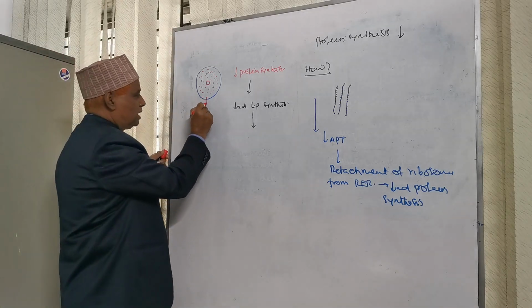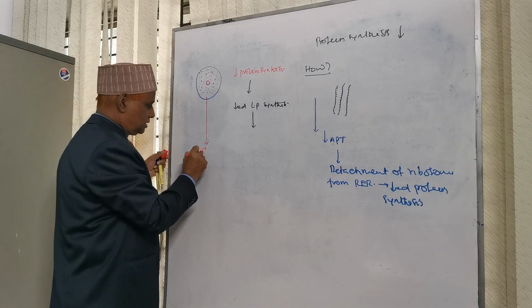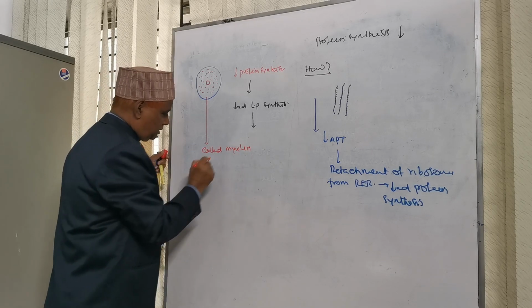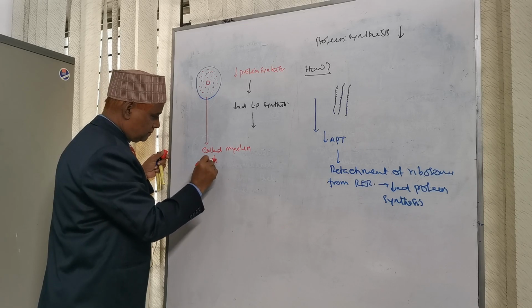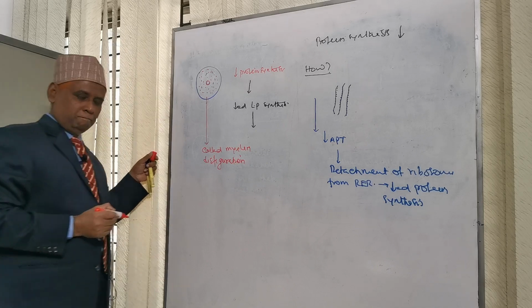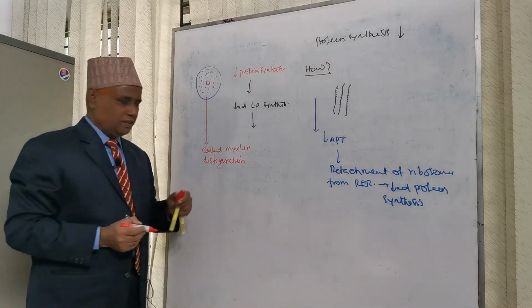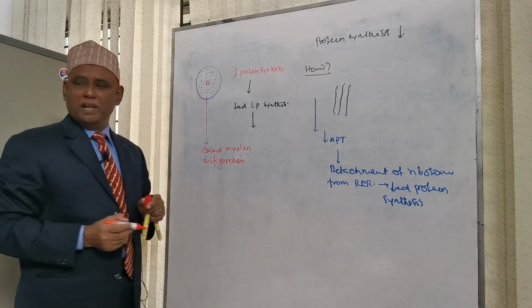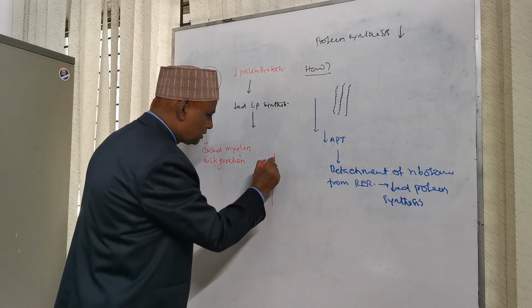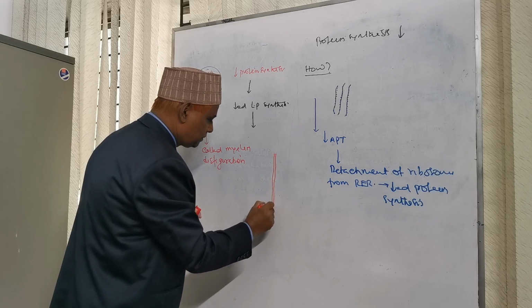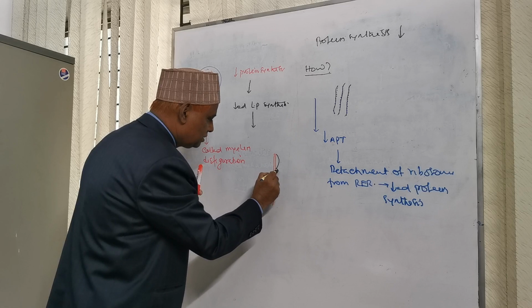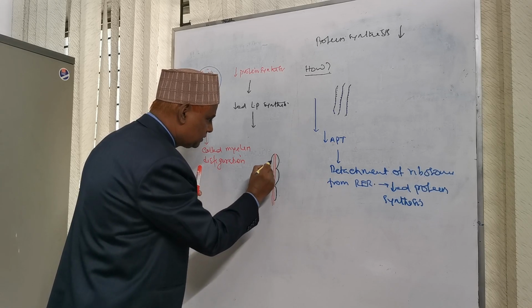This is called myelin figuration. What does it mean? It looks like myelin. What is myelin? Myelin is around the nerve fiber, as the myelin sheath, with nodes of Ranvier like this.